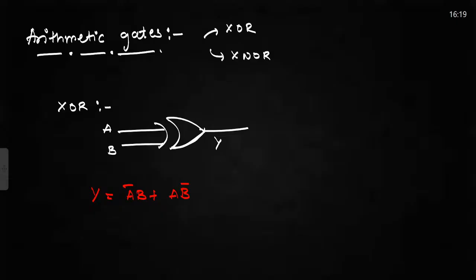Now let us try to understand this one, or simply we will write A XOR B. And XOR is known as odd detector or event generator.